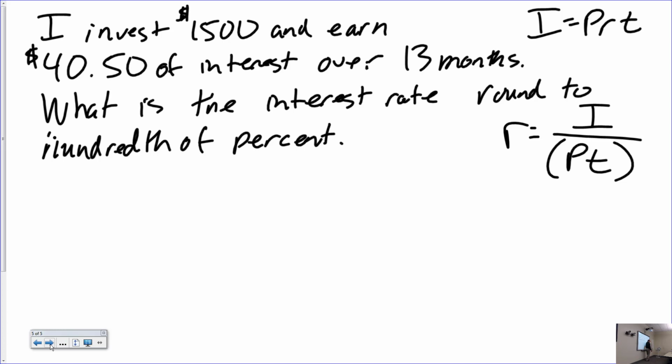If you don't put them in parentheses and do I divided by P times T, it'll just divide by P and then multiply by T. If you have them in parentheses, then you're dividing by the product of them. Please don't do that.